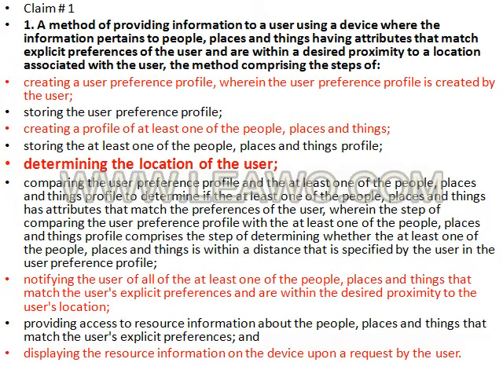So basically, out of what you stored on your profile, only one of those people, places, or things that you search for has to have the attributes that actually match your preference that you saved on your profile.